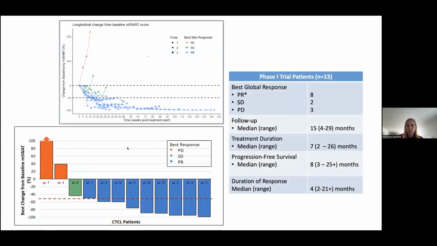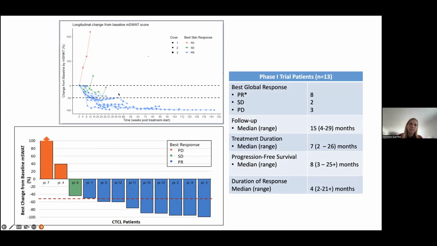So these are the responses. This spider plot shows that some patients have very, very long-lasting responses. But you also see that some patients develop progression. We call it hyperprogression in a way, where patients never responded but instead had treatment-induced progression.